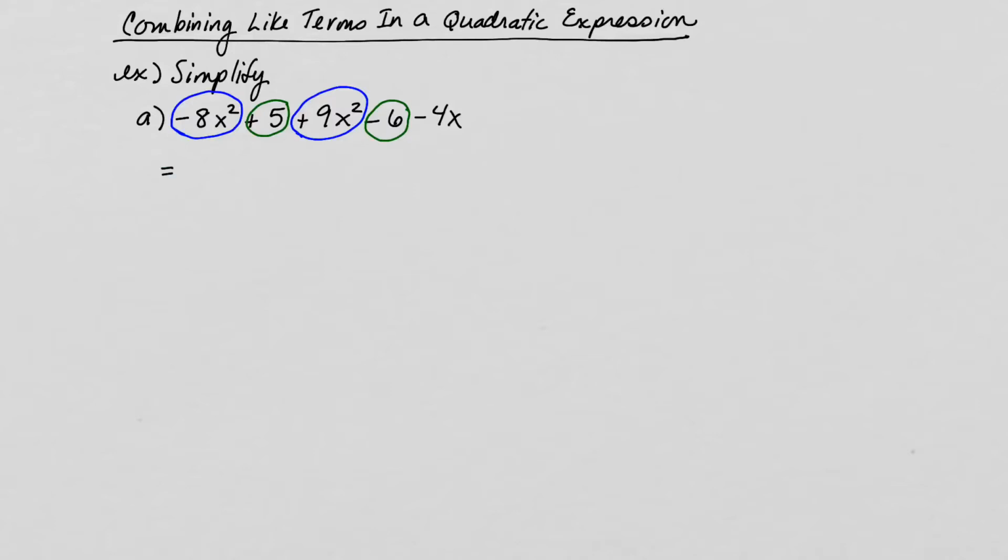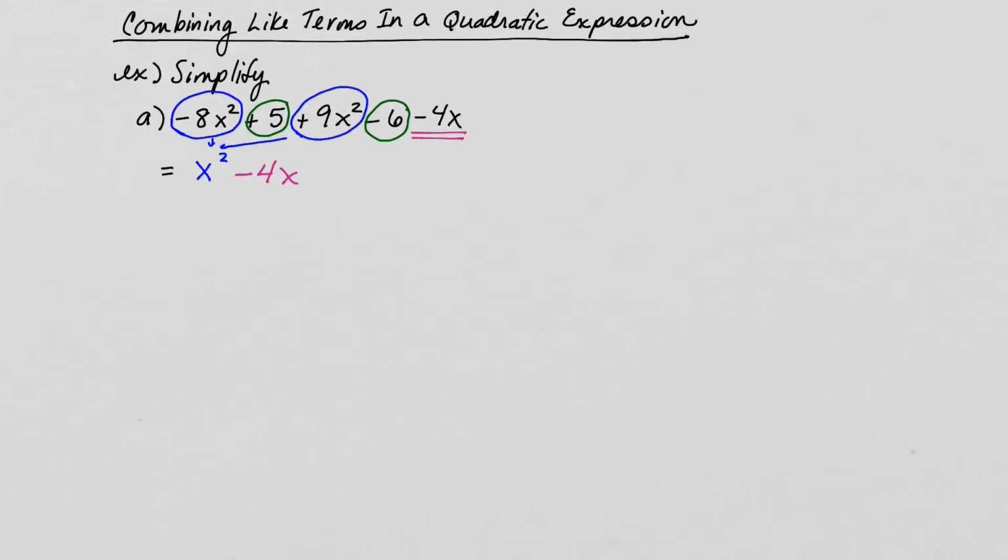So the blue terms here, the minus 8x squared and the plus 9x squared, so negative 8 plus 9 is 1. So that's just going to give us an x squared. So these two pieces come together to give us the x squared. The minus 4x, there's nothing here to combine that with, so I'm just going to rewrite that, minus 4x.